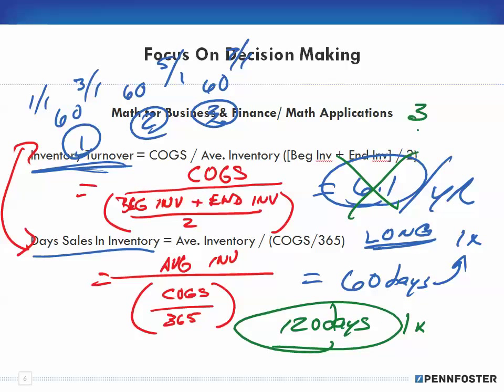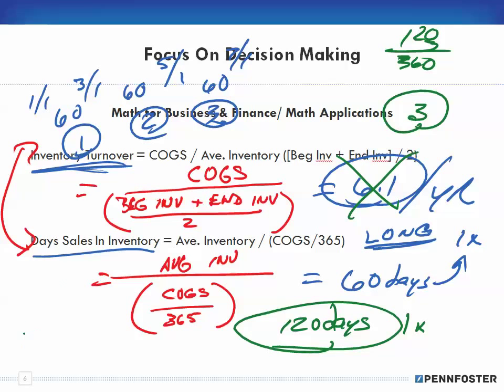I'm only turning it over 3 times a year, right? 120 days times 3 is what, 360 days, approximately. So the less I turn my inventory over, the longer the inventory stays, in terms of the amount of days it takes to turn it over. Okay. Obviously, the opposite side works like that.